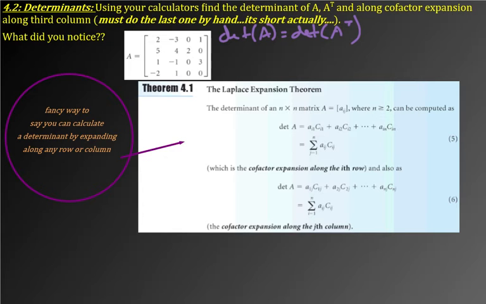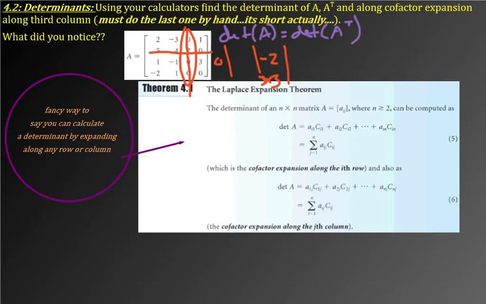And if you do it out by hand along that third column, when you do the first entry, you get the 0, so you're going to do 0 times a 3 by 3 determinant, which I'm not even going to bother writing because it's 0 times it. That term's positive, so the next one's negative, so negative 2 times a determinant. This one I actually do need to worry about.